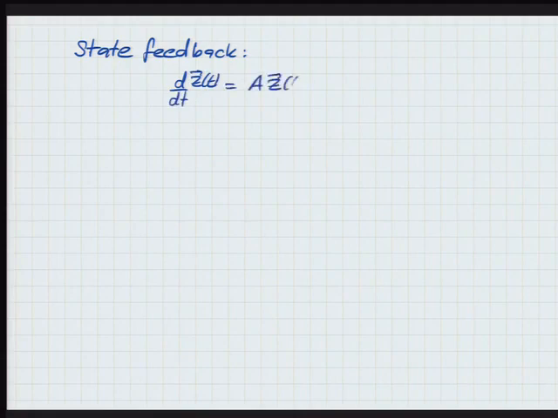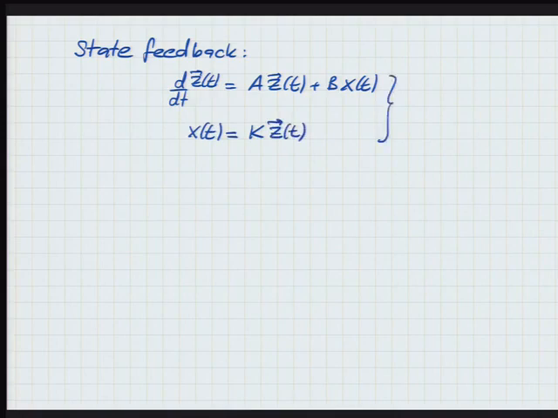A Z of t plus b times x of t, right? And then you said, okay, I'm going to choose my control x of t to be a matrix K multiplying the state Z of t. Okay, what does that lead to? It gives me a closed loop system that looks like A plus BK times Z of t.